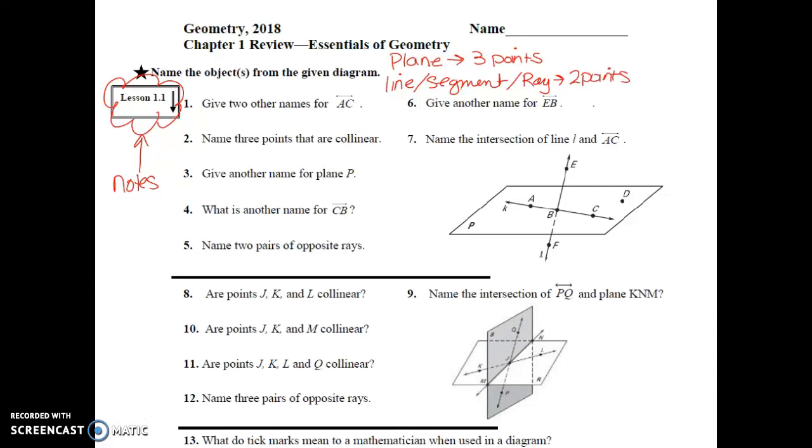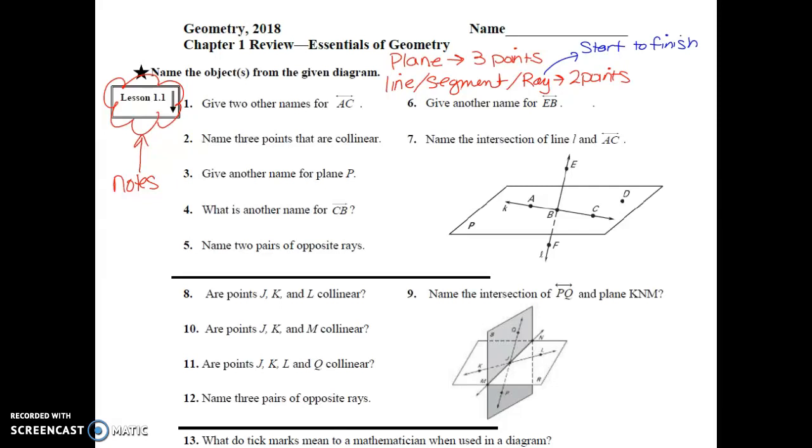Remembering that when you talk about a ray, it's really important that you read it start to finish, because order matters for the ray. For the line and the segment, the order does not matter very much.